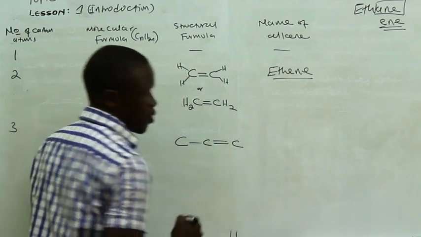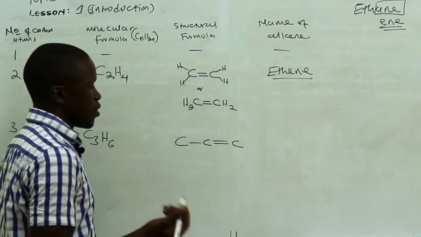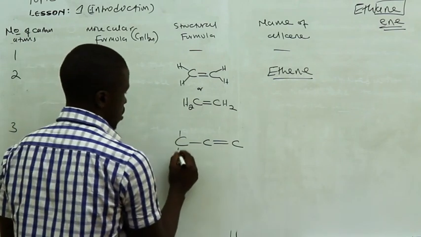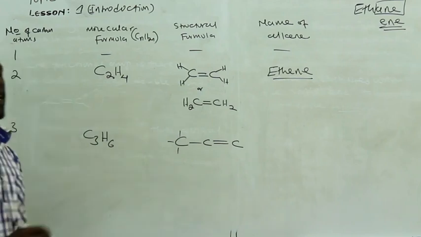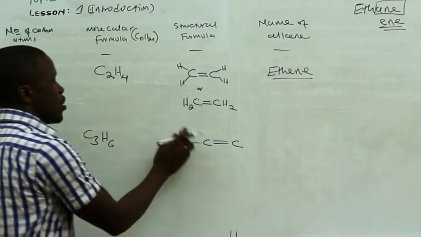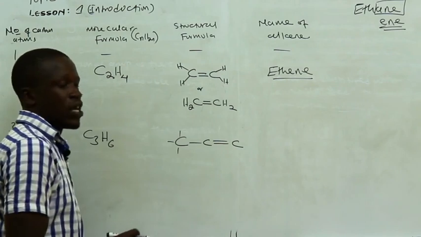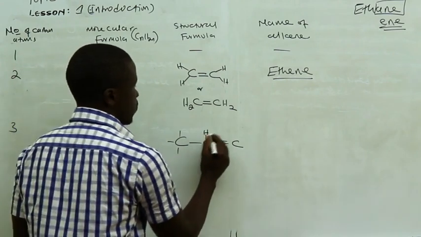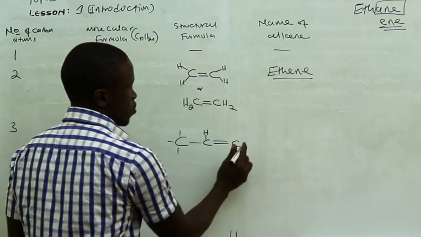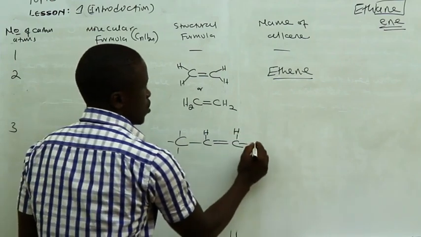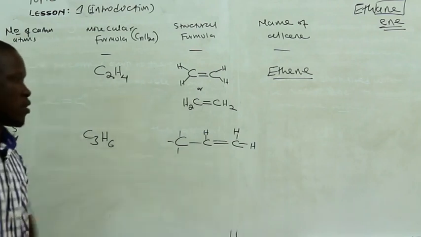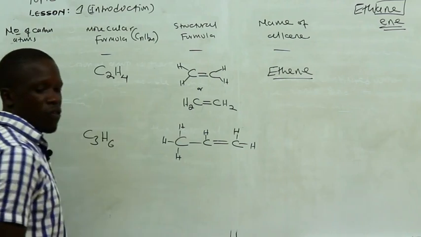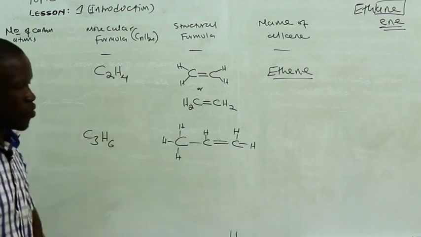So we put a double bond there, and the rest we put hydrogen atoms, ensuring that there are 6. So here, if we want 4 bonds, then 1, 2, 3, 4. So these are 3 hydrogen atoms. Here there are already 3 bonds, so we put 1 hydrogen atom, and then there are 2, so we put 2 hydrogen atoms.